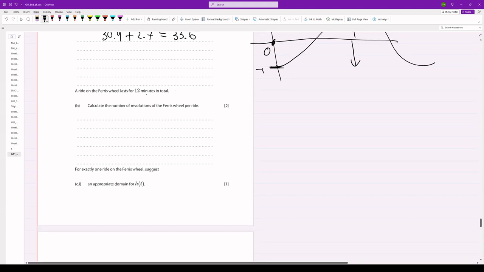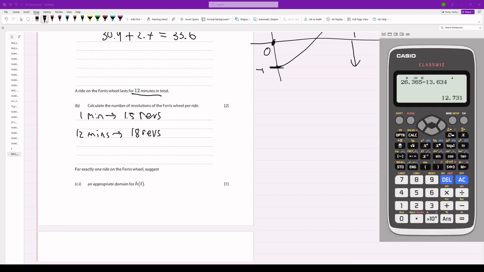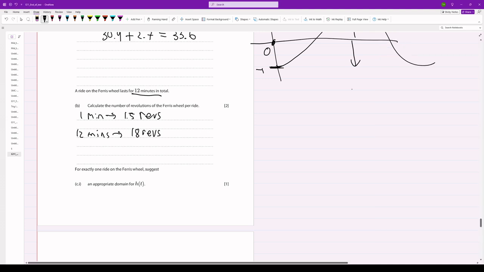Ta-da! A ride on a Ferris wheel lasts for 12 minutes in total. Calculate the number of revolutions. Well, it does 1.5 revolutions every minute. So in 12 minutes, it's going to do 18 revolutions. If you don't believe me, just do it on your calculator. 1.5 multiplied by 12 gives me 18.